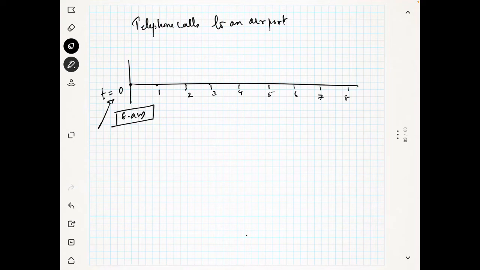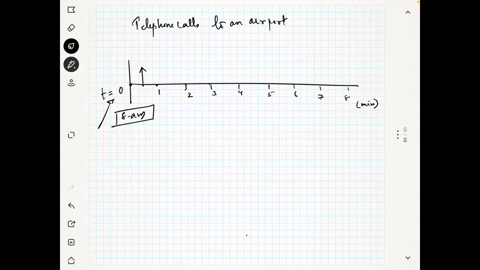Between 1 and 2 is the first minute, this is the second minute, so this is in minutes in general. In the first minute, somebody has called, so I will represent this by using an impulse function.